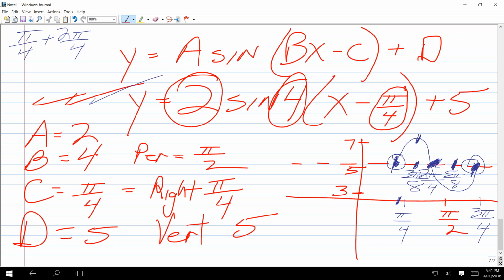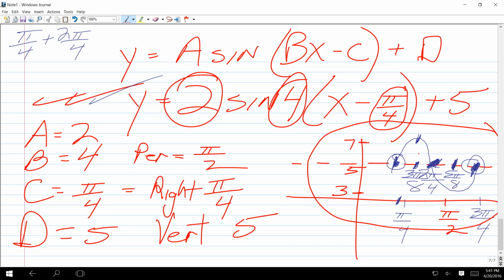Now, they're going to give you problems of both kinds, and you're going to have to be able to go either way. In other words, they might give you the sinusoid function and say graph it, or they might give you a picture of a graph and they say come up with the sinusoid function. Well, they're exactly reverse processes of one another.